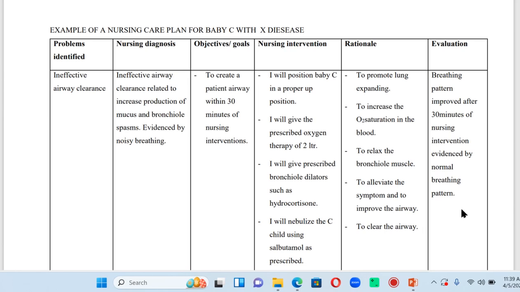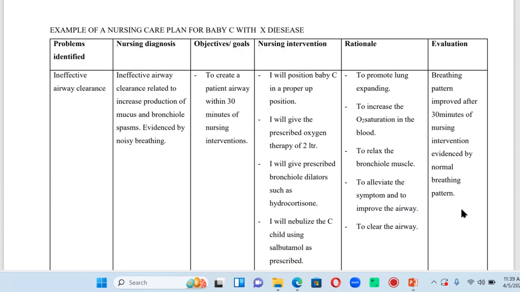So you need to come up with your objective, and the objective has to be time bound. To promote a patent airway within 30 minutes of nursing interventions.